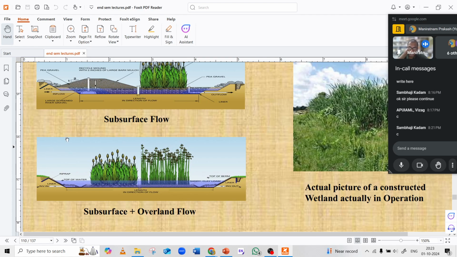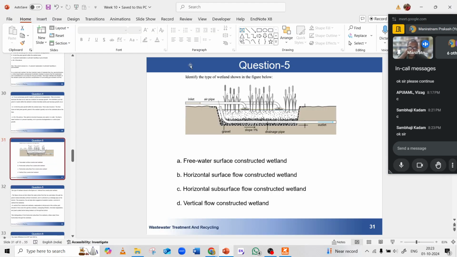It's not coming from the top. But in this picture, the inlet is here and water is coming from the top, going downwards. So the flow is vertical, and finally the water will be collected in this pipe and go to the outlet.